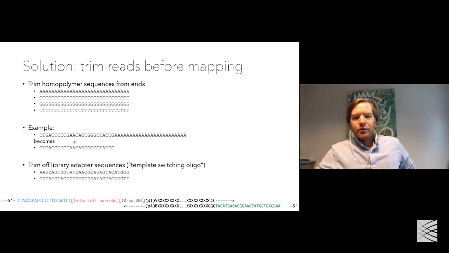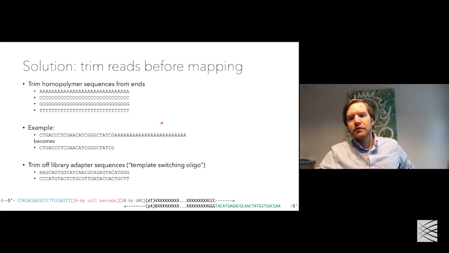I believe if the read ends up being shorter than about 20 bases, I throw it out entirely because it becomes difficult to map in that case. But this is a bit more trimming than what the newest version of CellRanger is currently doing. CellRanger is only trimming poly A from the 3' end and this adapter sequence from the 5' end.